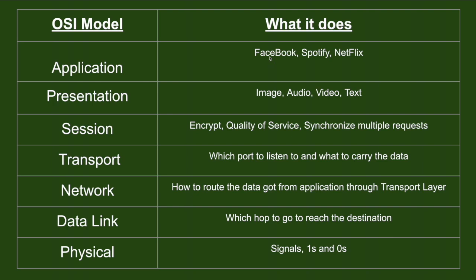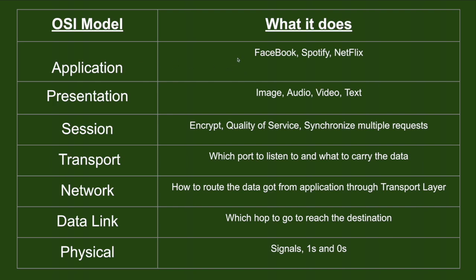It could be a nested application; when I say nested, that means it runs on another application. For example, Facebook, Spotify, Netflix all run on HTTPS. A simple example would be HTTPS or FTP, where you do file transfer. All of those come under the application layer.